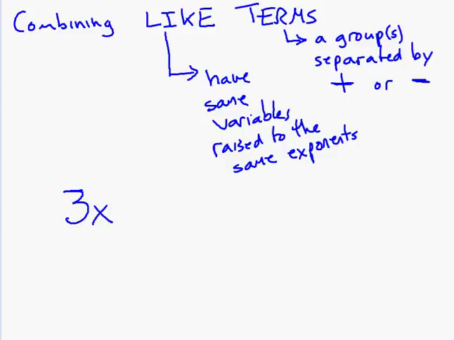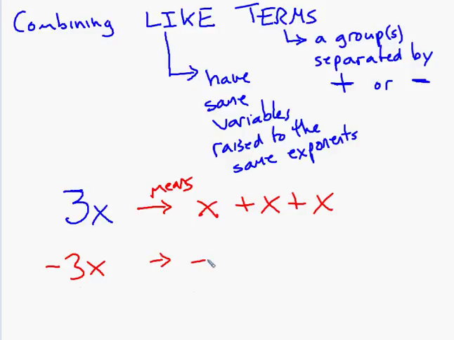What does that mean? Well, that means 3 times x, which means x plus x plus x. 3 of them that I've added. And if I had negative 3x, that would mean negative x minus x minus x.